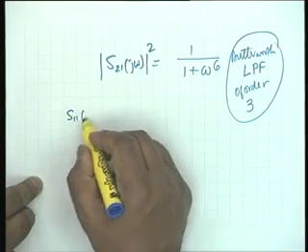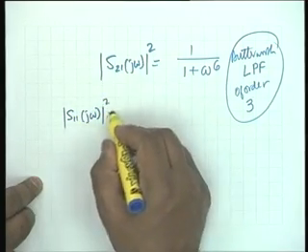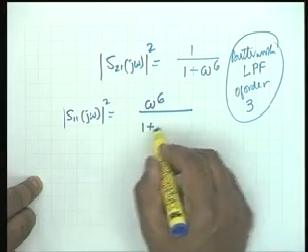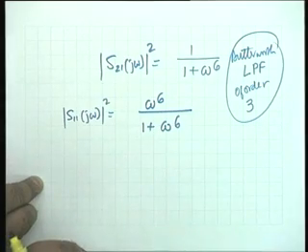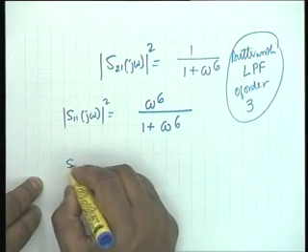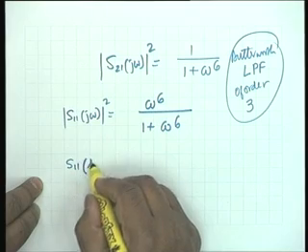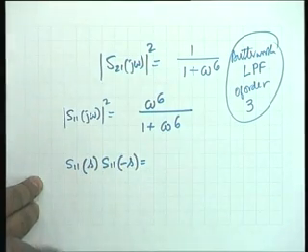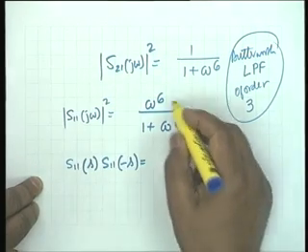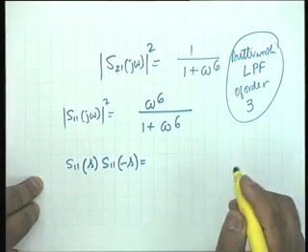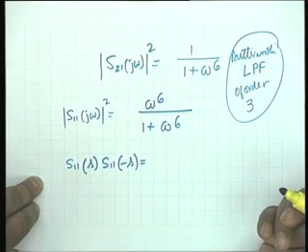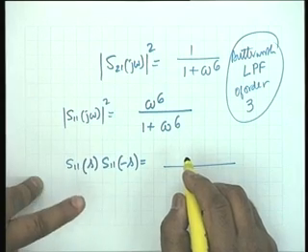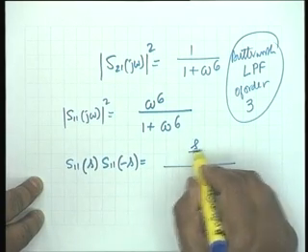The first thing we do is take S11 of j omega magnitude squared. We subtract this from unity, so we get omega to the 6 divided by 1 plus omega to the 6. Then we argue that S11 of S multiplied by S11 of minus S shall be equal to the right hand side with j omega replaced by S, that is omega replaced by S by j.